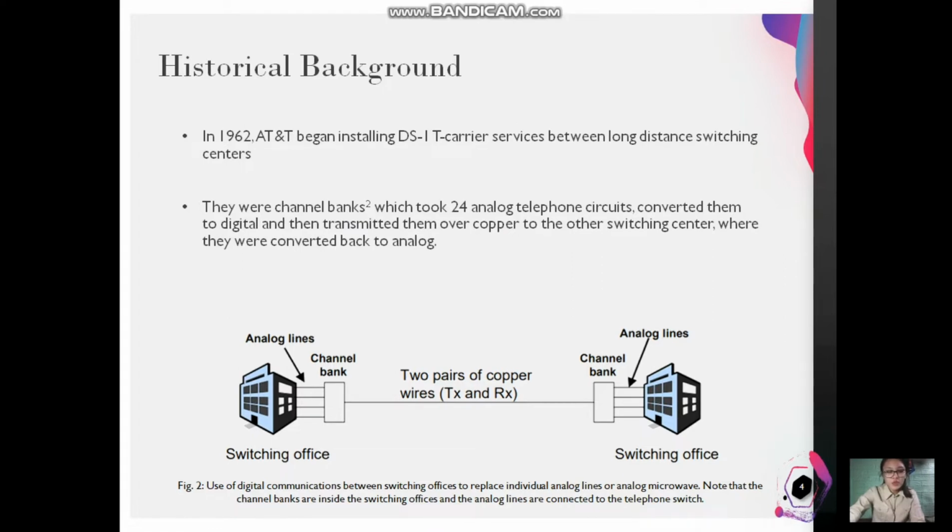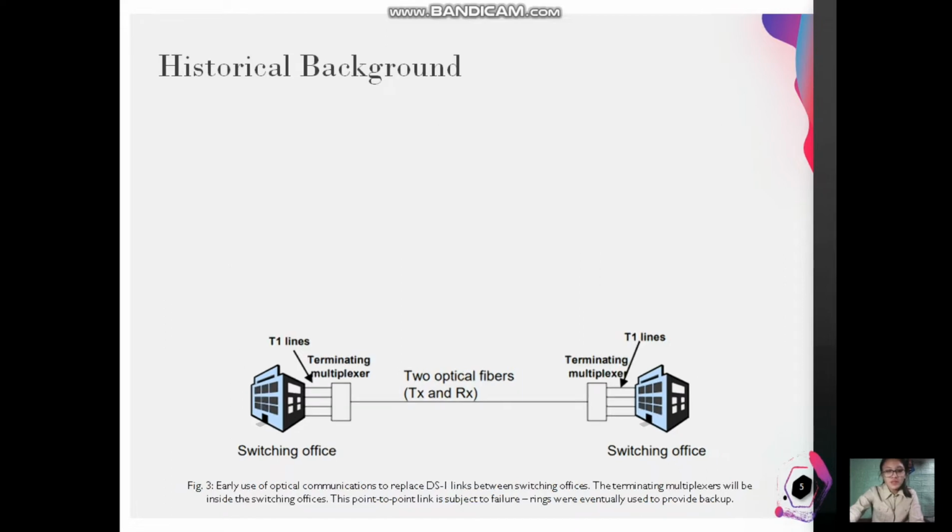So this actually worked very well. It reduced the number of copper circuits required between switching centers and improved the quality of the telephone calls. As the volume of long distance grew, the number of T1 circuits required between switching centers increased. Additionally, the T1C and the T2 signals began to be used to increase the capacity of a circuit.